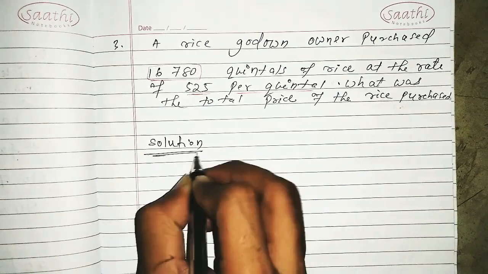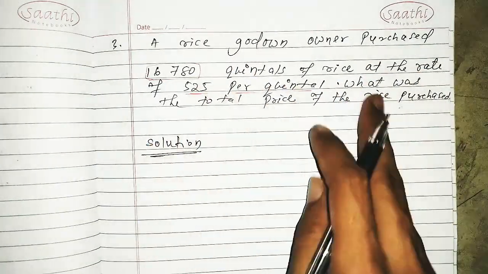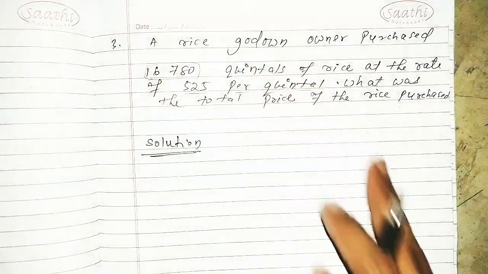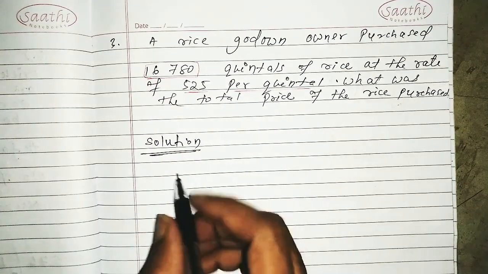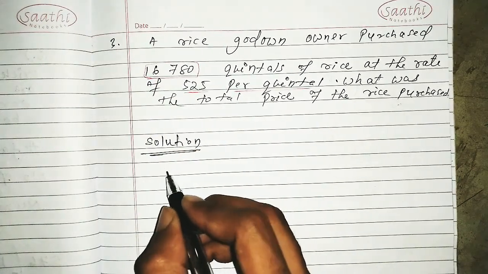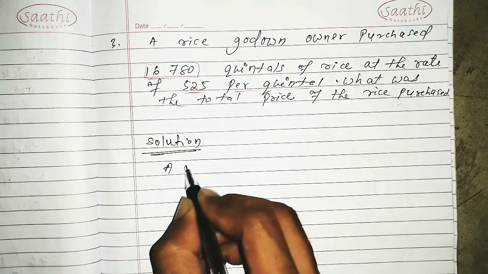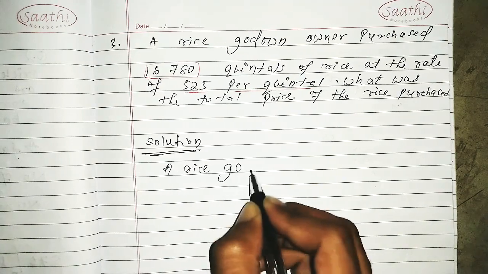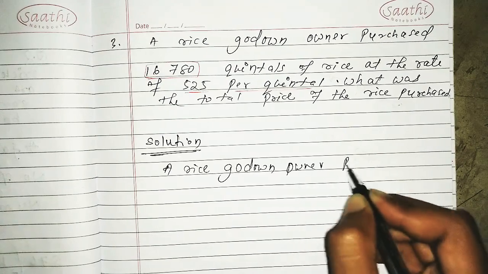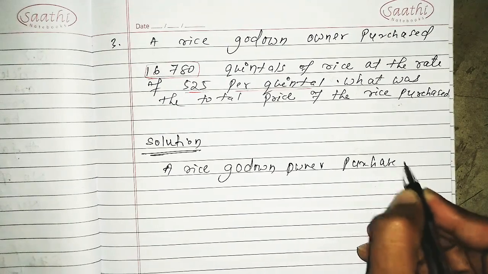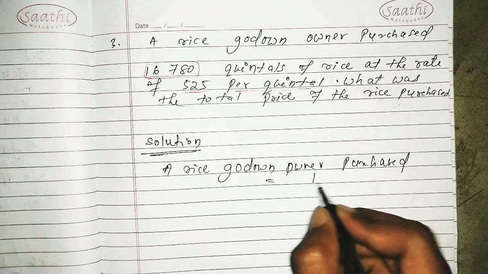Let's solve this question. A rice godown owner purchased how much? That is 16,780.